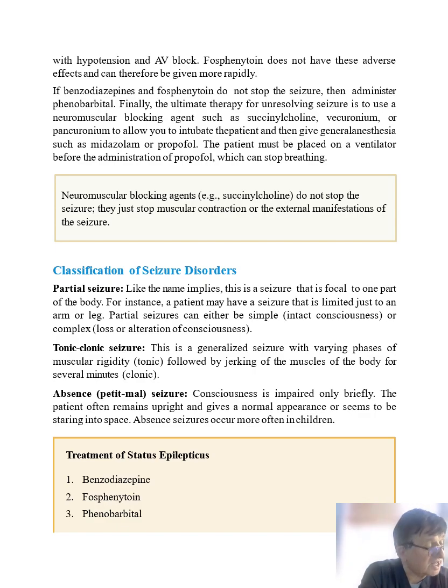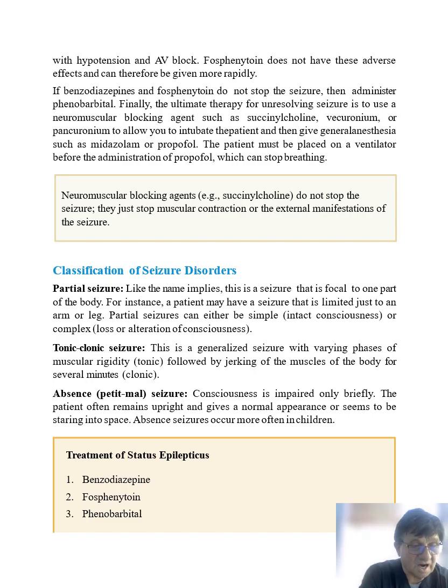Partial seizures, like the name implies, are seizures that are focal to one part of the body. For instance, a patient may have a seizure that's limited just to the arm or to the leg. Partial seizures can either be simple, with intact consciousness, or complex, with loss or alteration of consciousness.